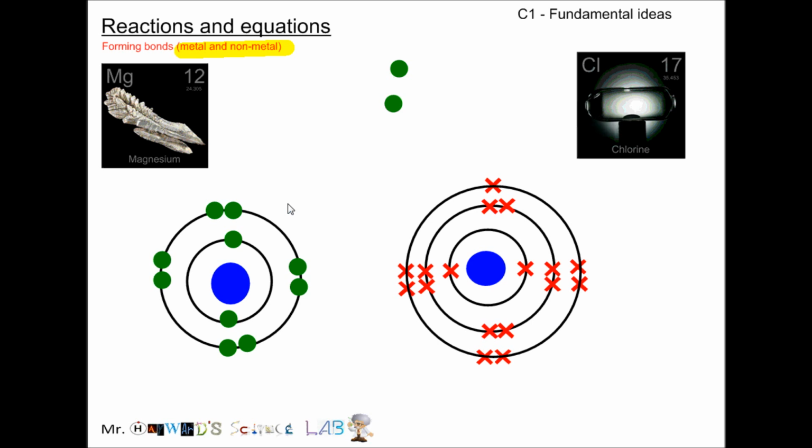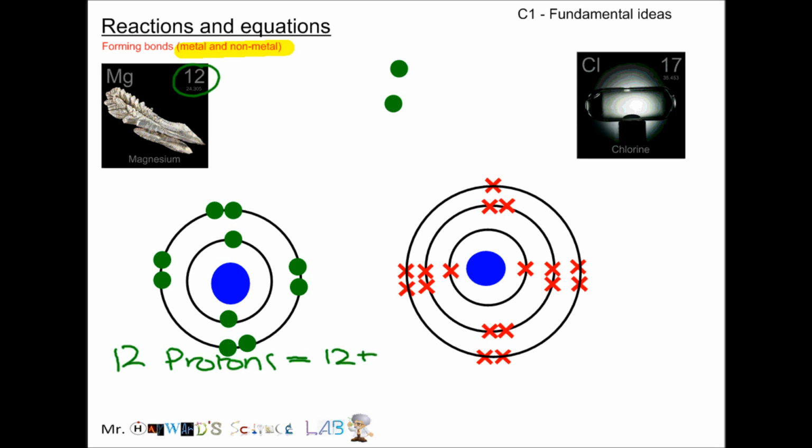Now, it's the magnesium ion now, so it's no longer a magnesium atom, it's become an ion, and the reason it's an ion is now it's charged. So if you look, magnesium has got 12 protons, which means it's got 12 positive charges.